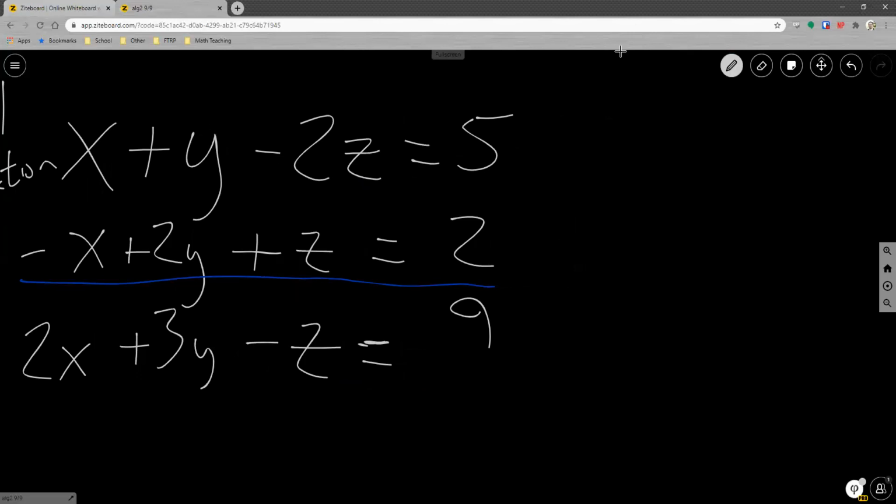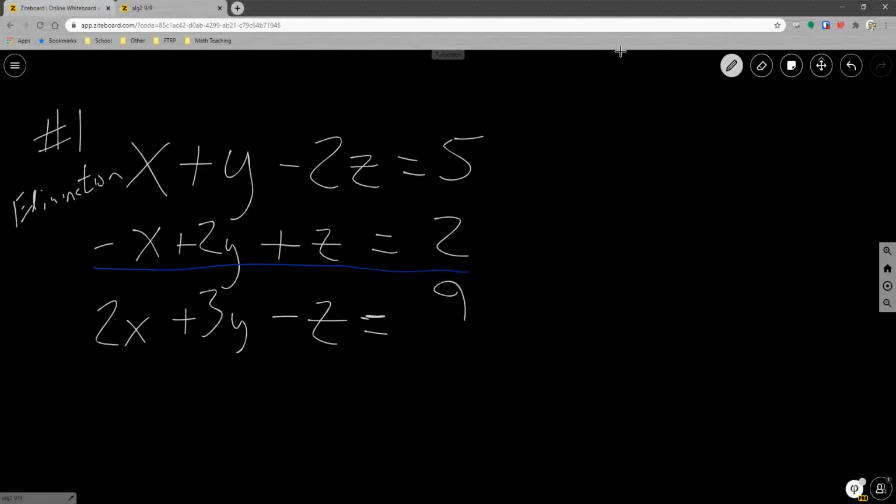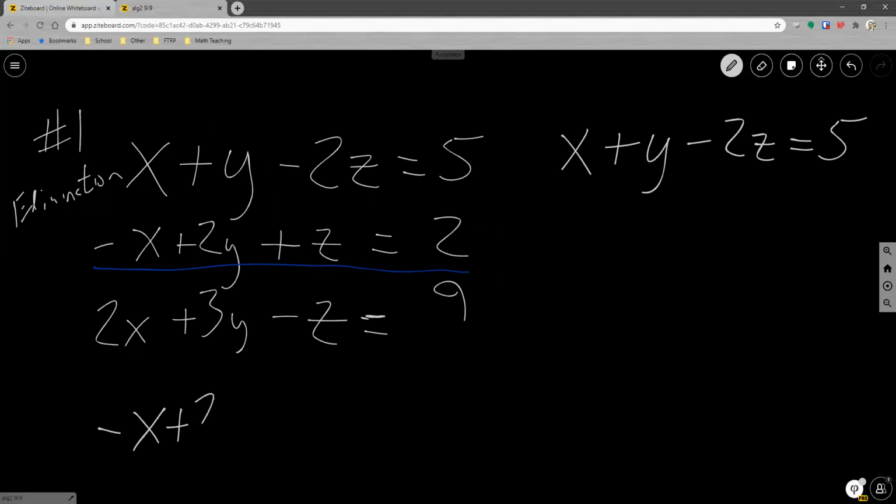So I'm just going to set up a workspace here. Let me zoom out a little bit. I'm going to take equation number 1, just rewrite it over here, x plus y minus 2z equals 5. And my goal is to take the second equation that I've got underlined in dark blue on the left. I'm going to take that equation, negative x plus 2y plus z equals positive 2.